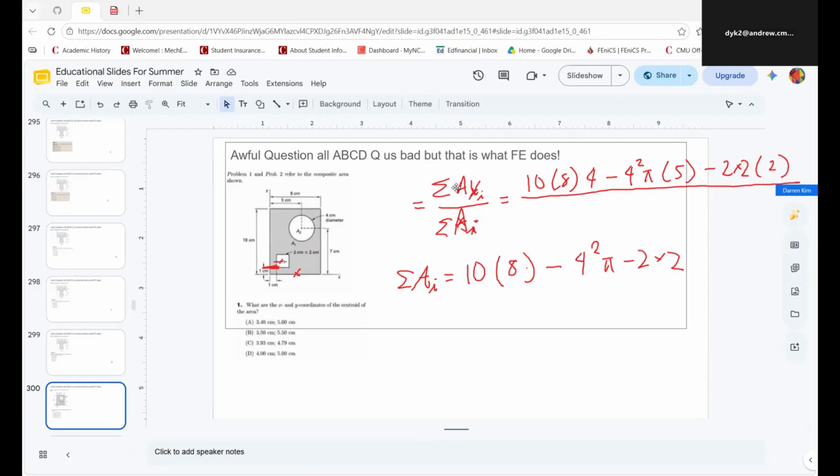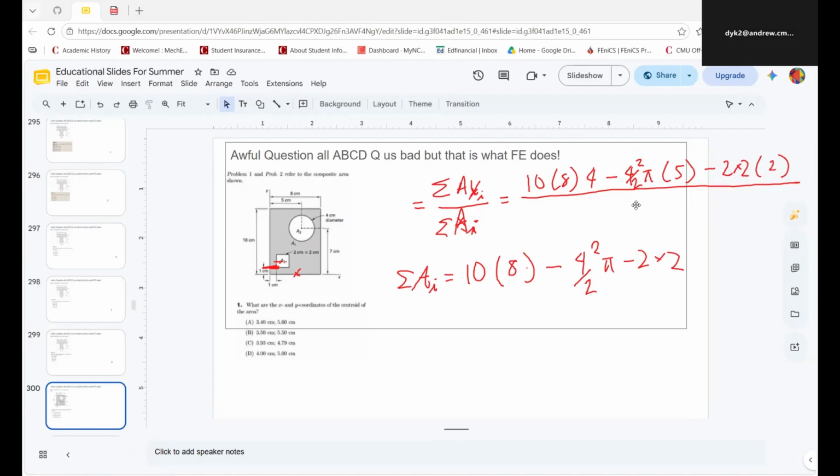And let me just grab my handy-dandy calculator and calculate all of this. My apologies, it's a diameter, so this is a 2 over here, this is a 2 over here. So in that sense, you just have to divide by 2 over here. And divide by 2 over here.